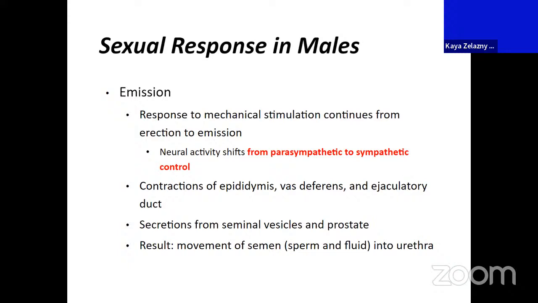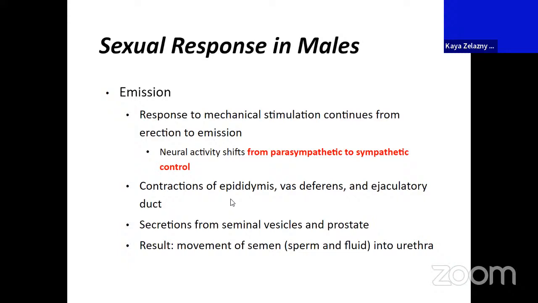Okay, so during this emission phase, this kind of middle phase, we're going to start to see basically contractions. So we're going to start to have kind of squeezing, pulsing. Specifically, what's going to be contracting is our epididymis and the vas deferens first, right?